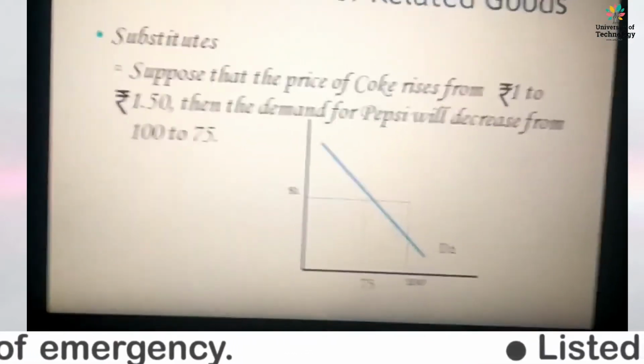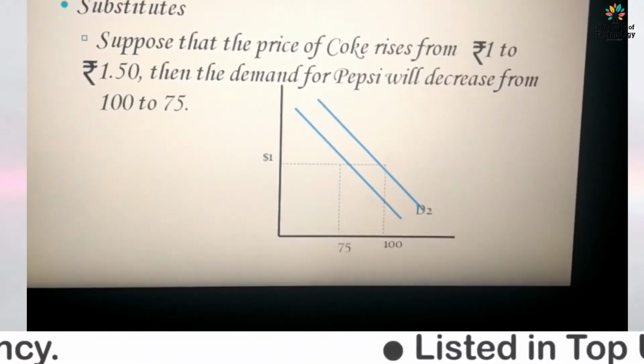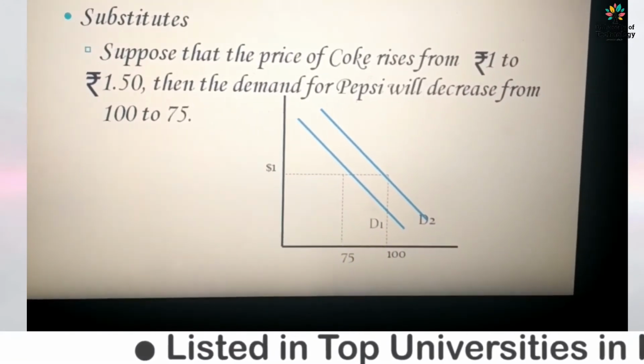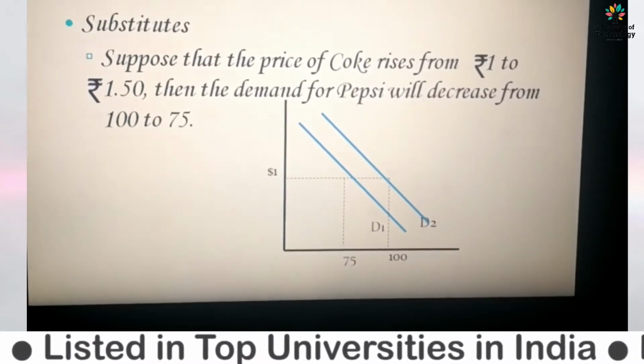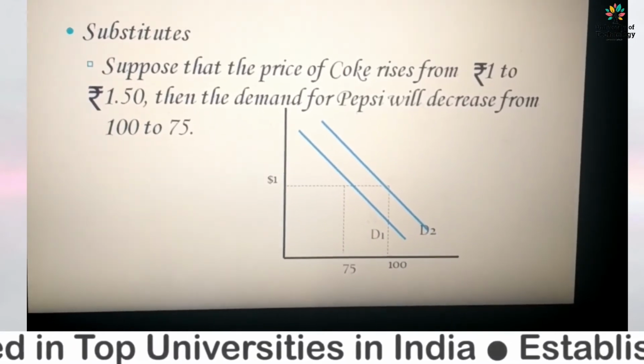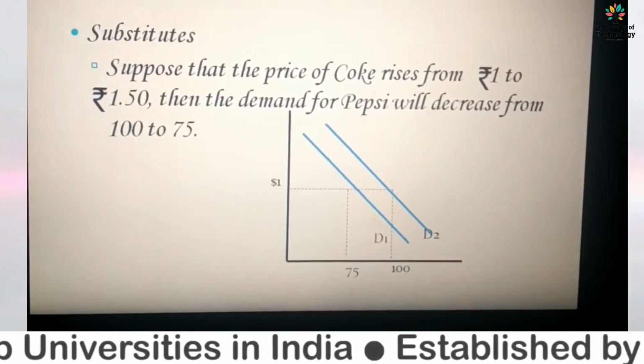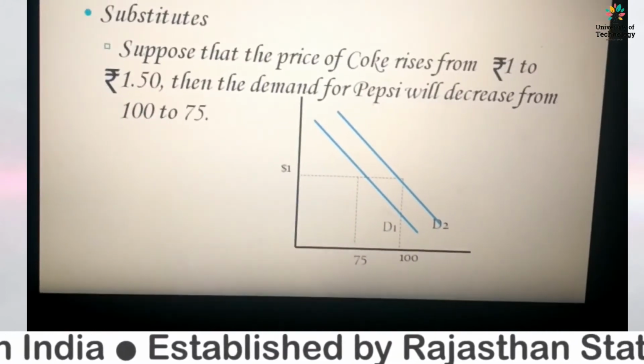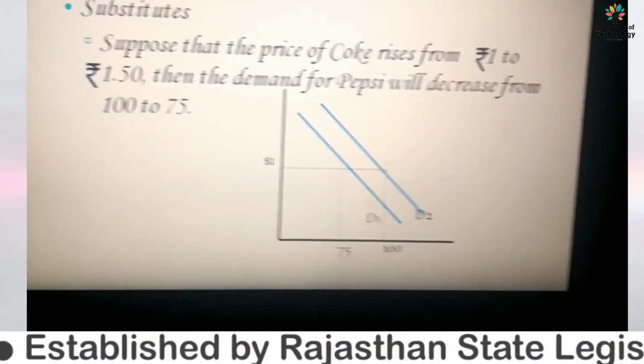In this graph, we will learn through a graphical presentation. Suppose the price of Coke rises from rupees 1 to rupees 1.50, then the demand for Pepsi increases from 75 to 100. This is one example of a substitute good.